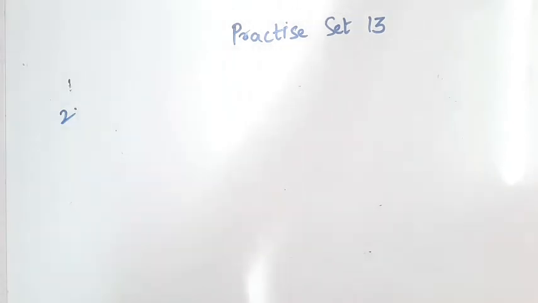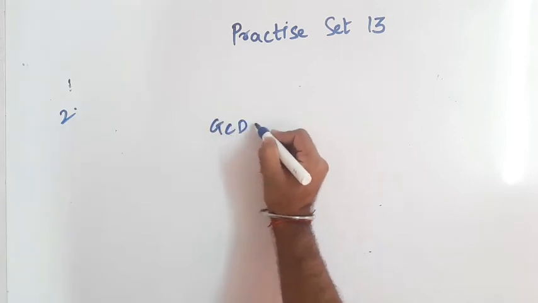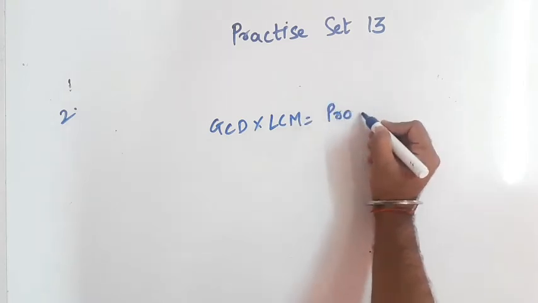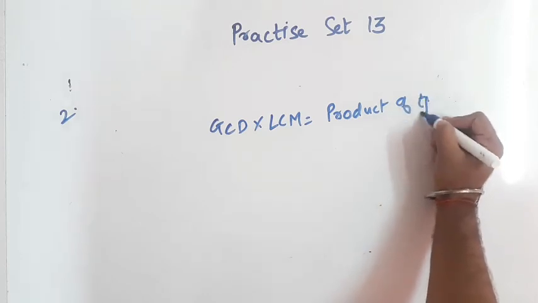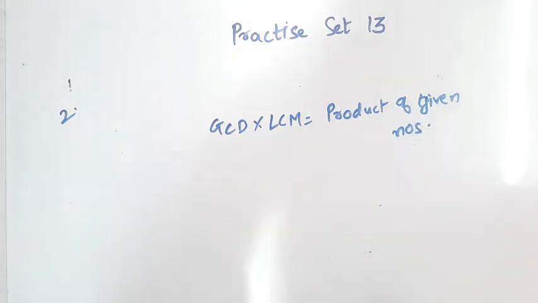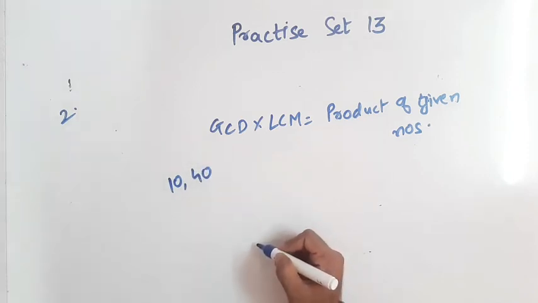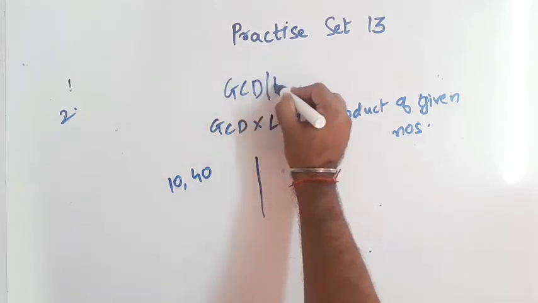Now before we start question 2, we have to learn a very important property that says GCD multiplied by LCM is the product of the given numbers. Okay, let me explain you with the help of an example. Suppose I have numbers 10 and 40. What will be the GCD? GCD is the other name of HCF.